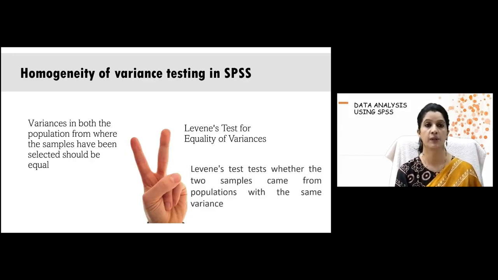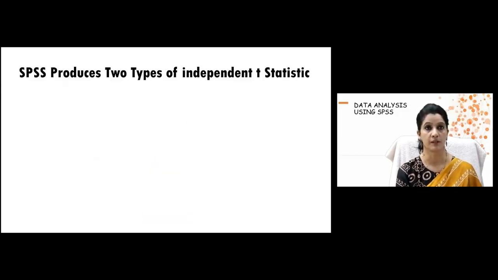Here also, if the p-value is less than 0.05, the homogeneity of variance criterion is not met. So like Shapiro-Wilk, the value of p should be more than 0.05 to meet this criterion, because the null hypothesis says that there is an equality of variance.